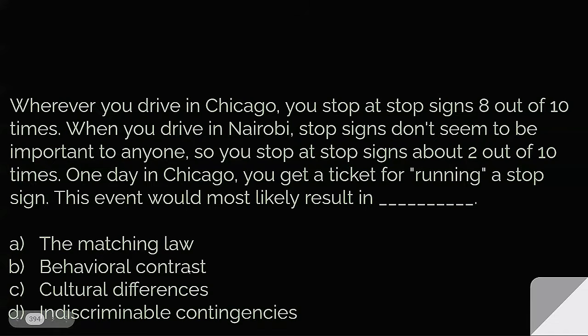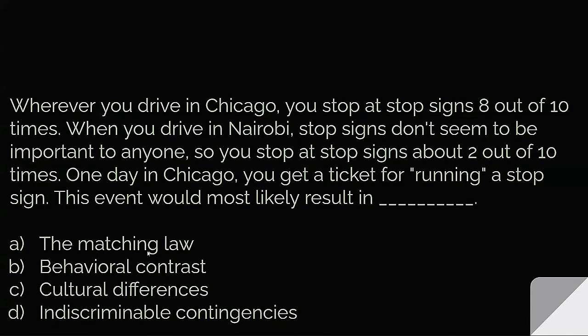So it is B. But let's see, I guess you guys weren't fooled by the matching law, which is wonderful. If you're talking about the matching law, you should see at least two schedules of reinforcement that are interval schedules. Got to have two interval schedules for the matching law to really apply.